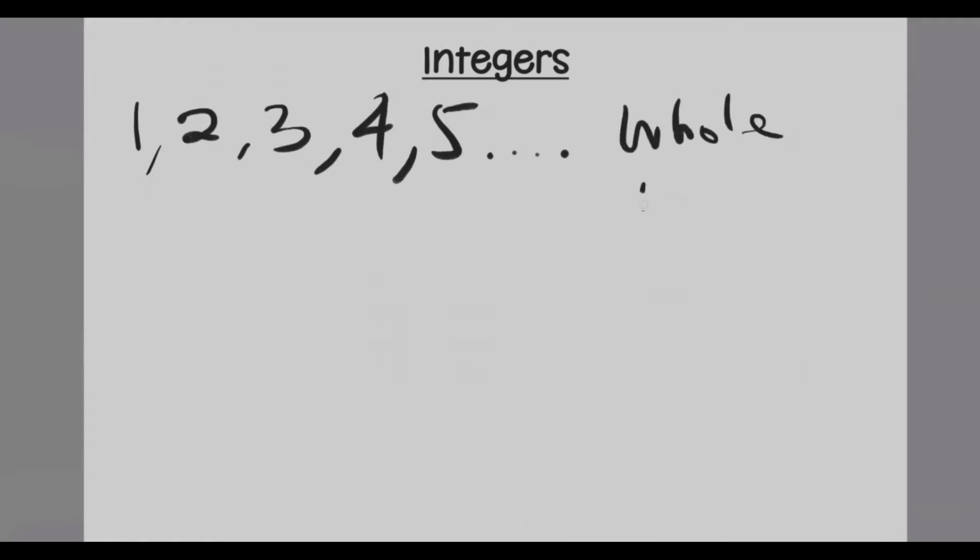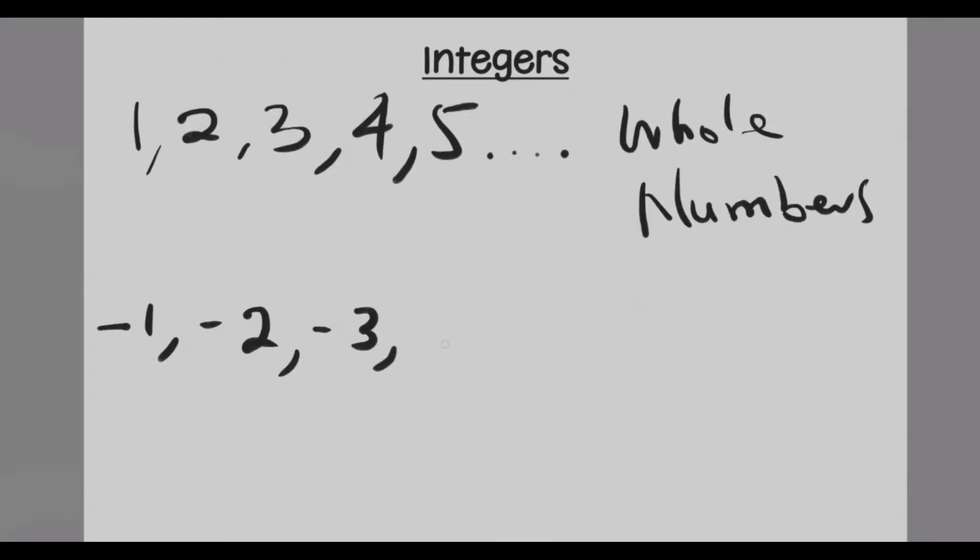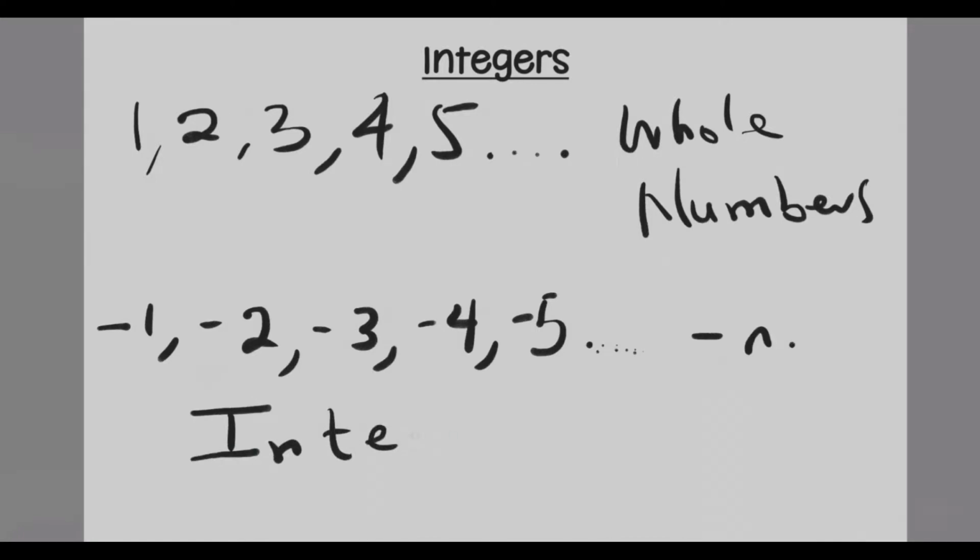But when we now have -1, -2, -3, -4, -5, up to any negative number, -n, we call this kind of numbers integers. And we spell them I-N-T-E-G-E-R-S, integers.